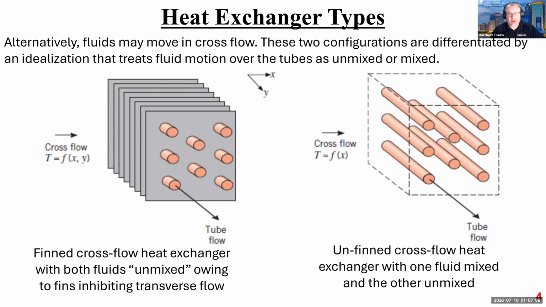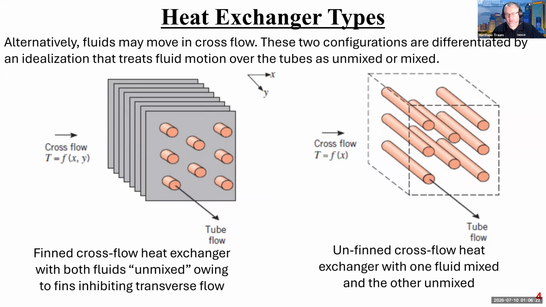So that's one type. Another type of cross-flow heat exchanger is one that has a similar geometry in terms of the tubes, but it does not have the fins in the cross-flow direction, right? And so this is a so-called unfinned cross-flow heat exchanger with one fluid mixed and the other fluid unmixed. The unmixed fluid is still the one that's traveling through the tubes, right?